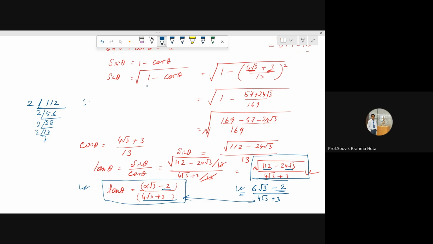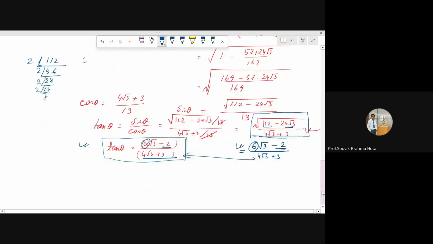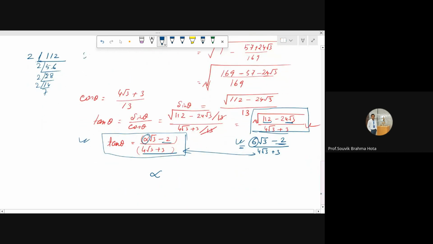Minus 2 is there, minus 2 is there. So alpha is equal to 6. Alpha is equal to 6 in this case. Okay, this is how you can calculate it.